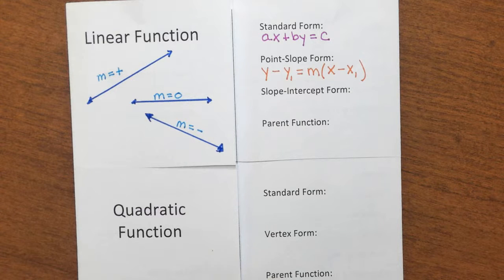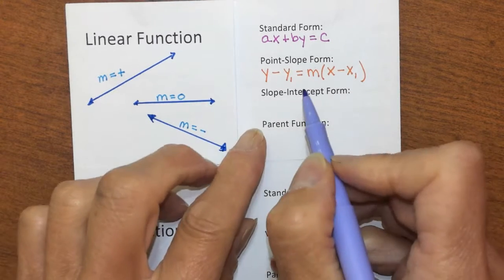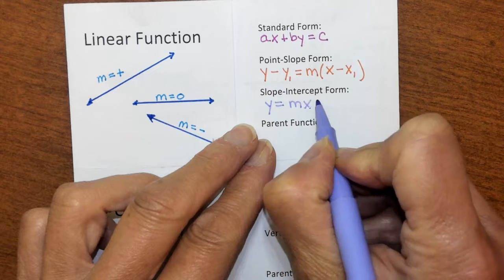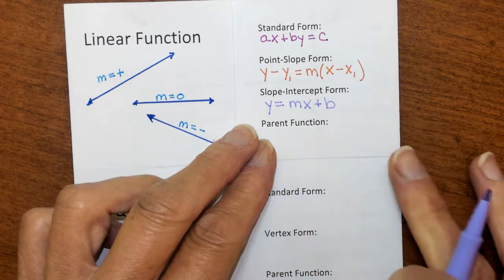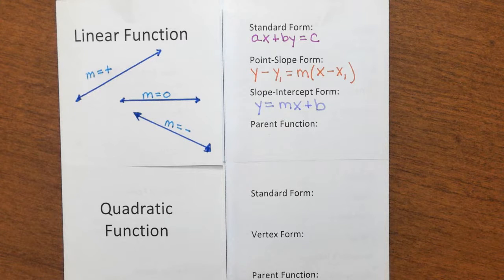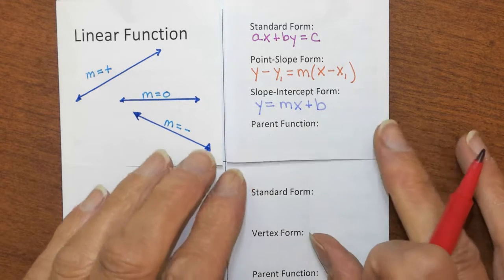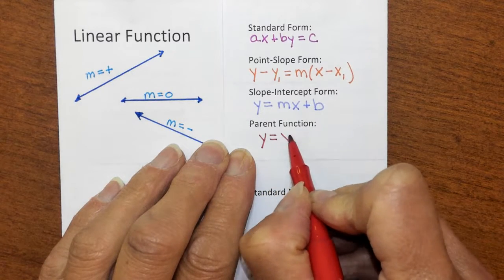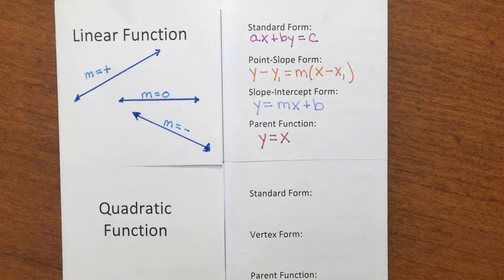And then we have slope-intercept form, which is y equals mx plus b. We also have this thing called the parent function. So you know lines can be just about anywhere on our graph, but we have something called a parent function, and our parent function is really just very basic. The bare minimum you need to have that function. So the parent function for a line would be y equals x. So that's very important that you remember what the parent functions are.